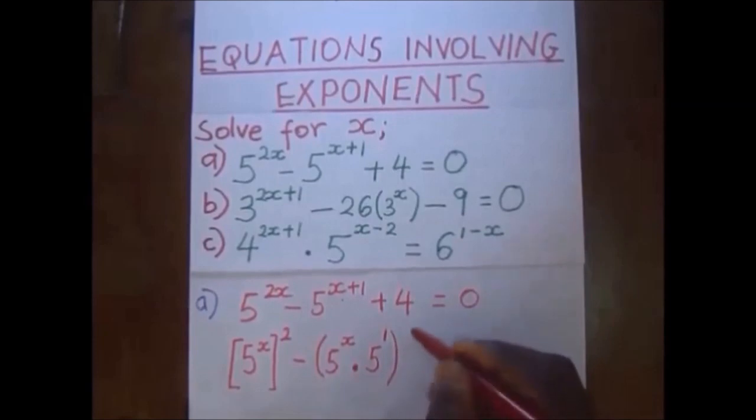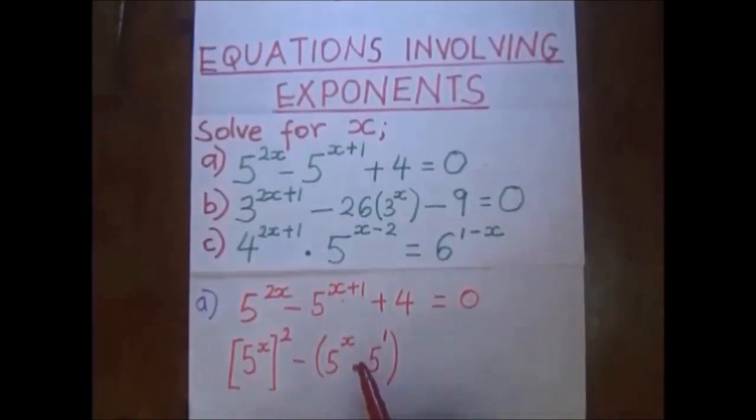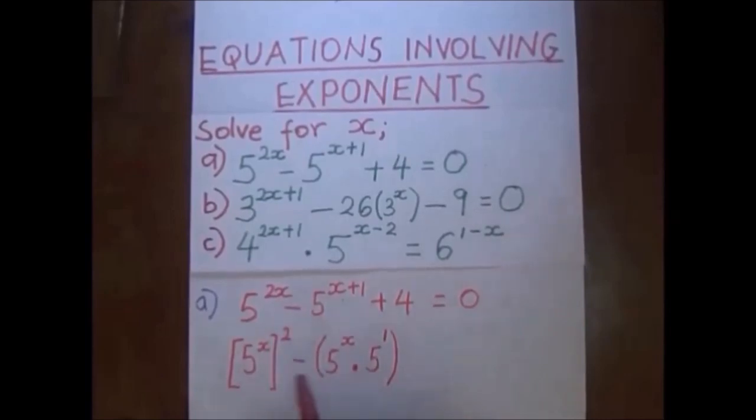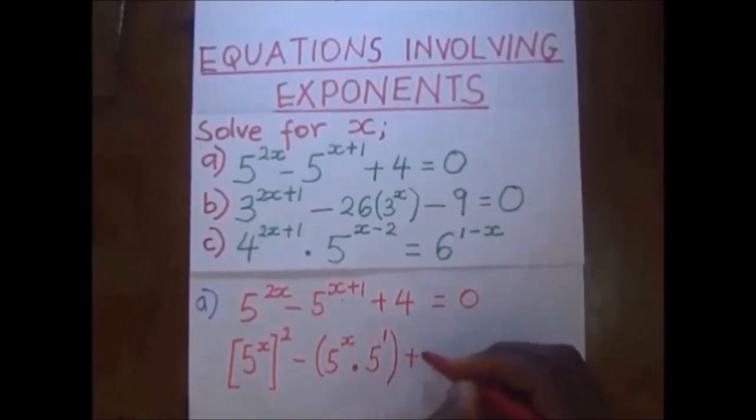All this is coming from the laws of indices. We covered the laws of indices in depth in an earlier video. Plus 4 is equal to 0.